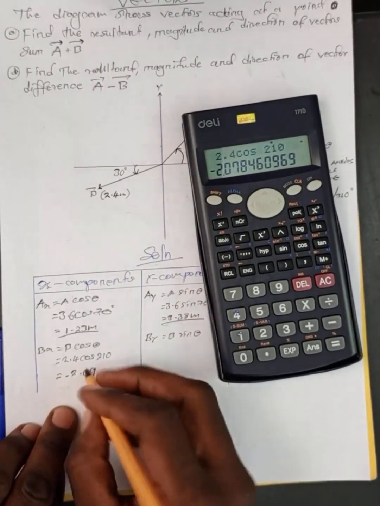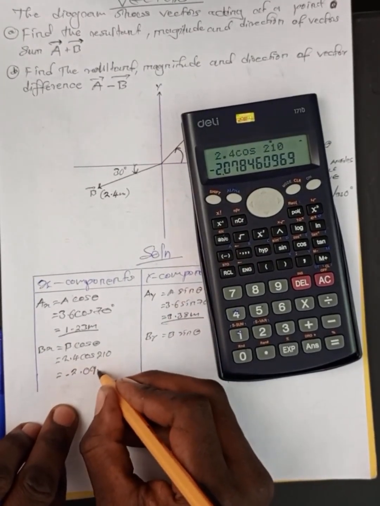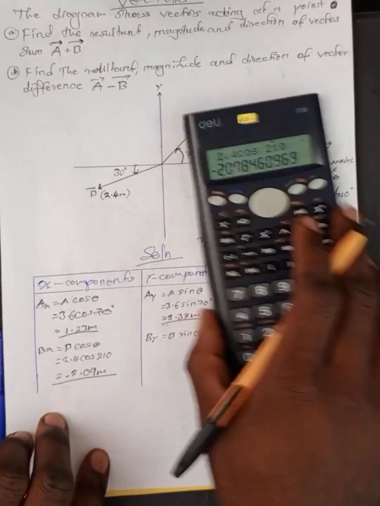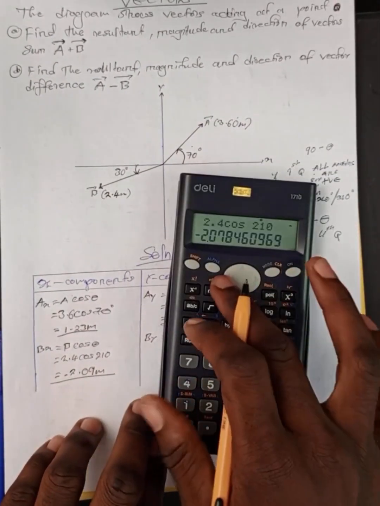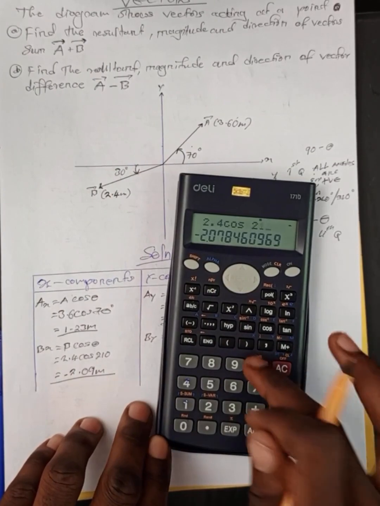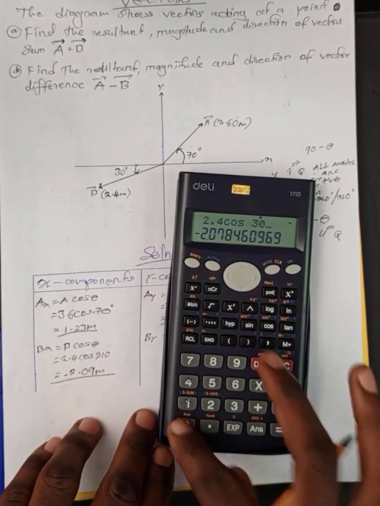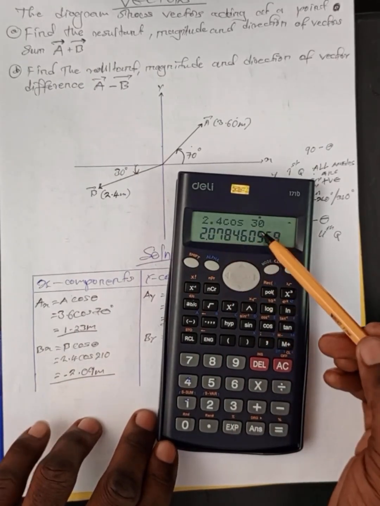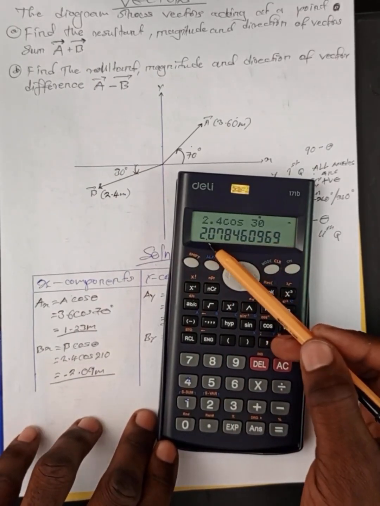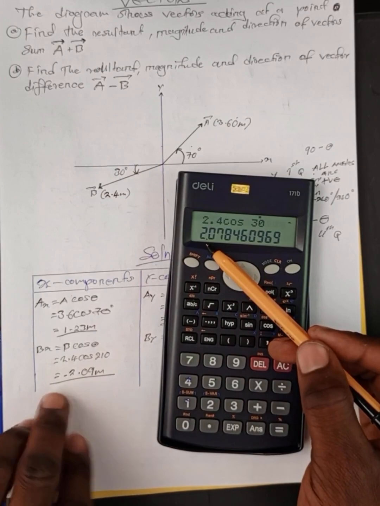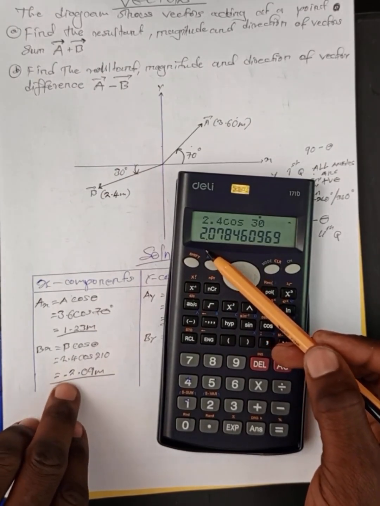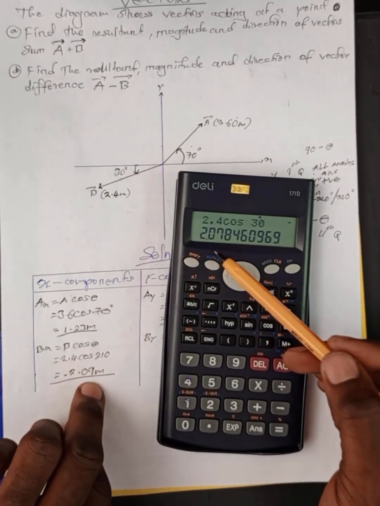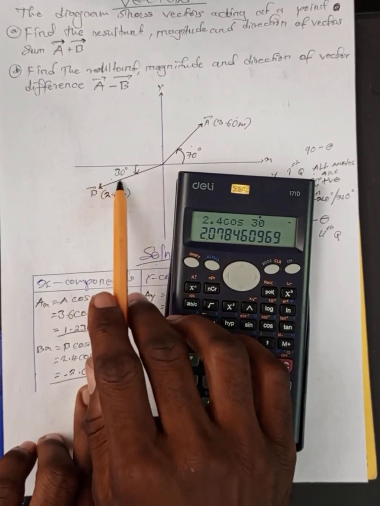Here I've used the 30, it has given me a positive answer, meaning that you should add a negative to your answer. That's what I said when you use this number here.